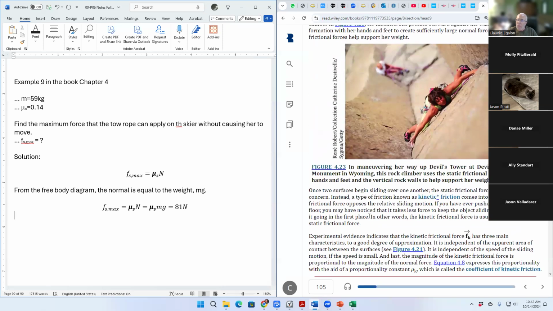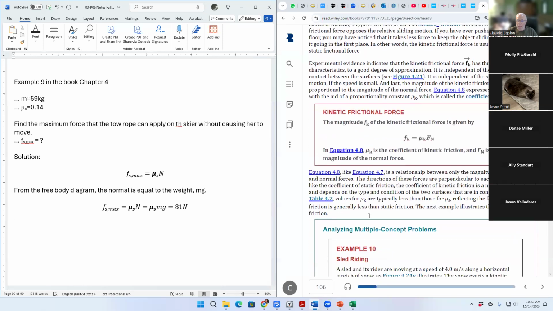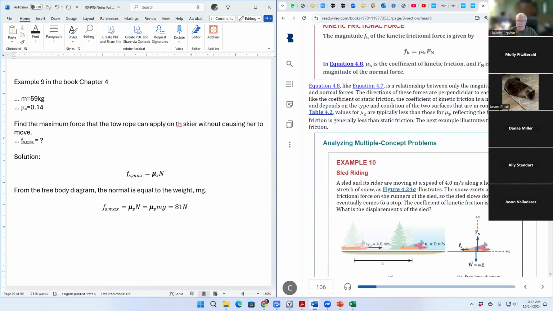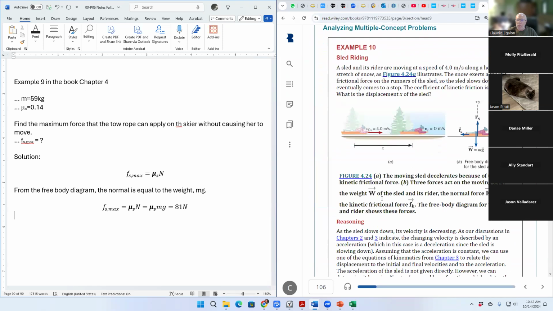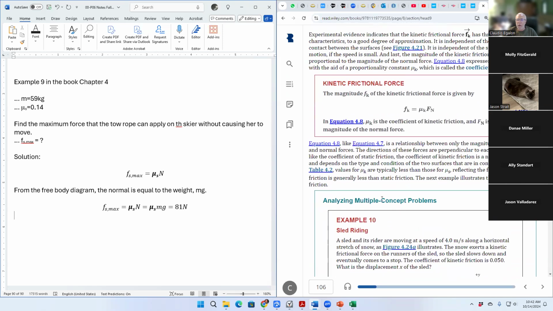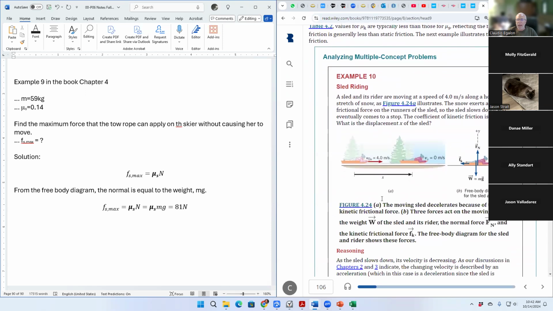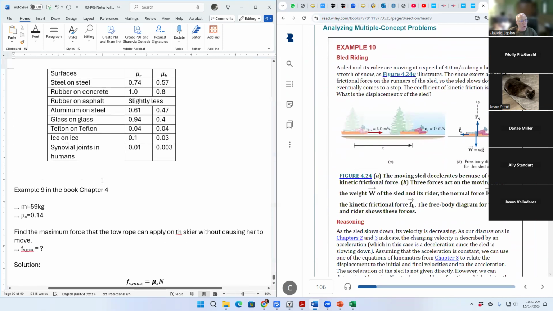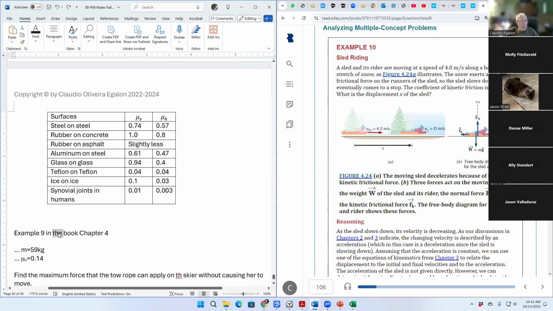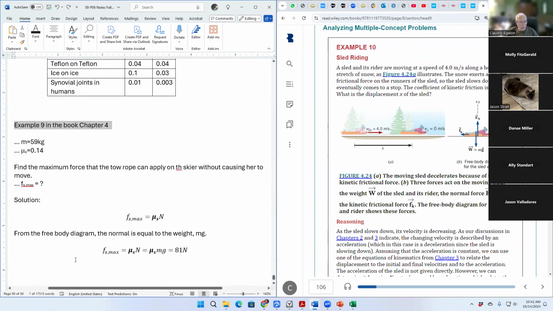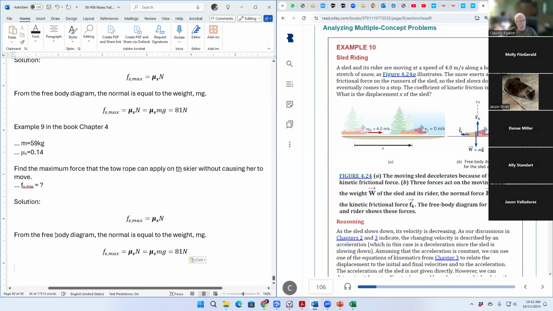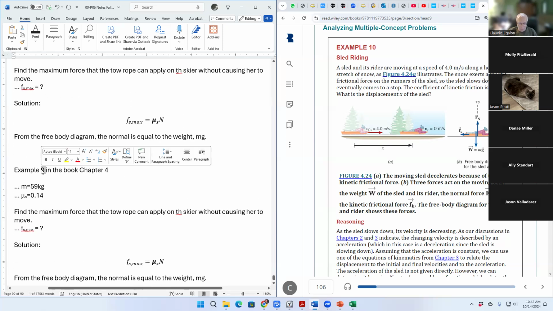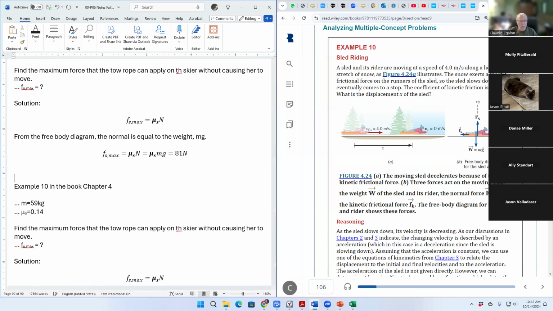Let's see another one. Okay, now is an example of kinetic frictional force. So, sled, example 10 now, in the book, chapter 4.